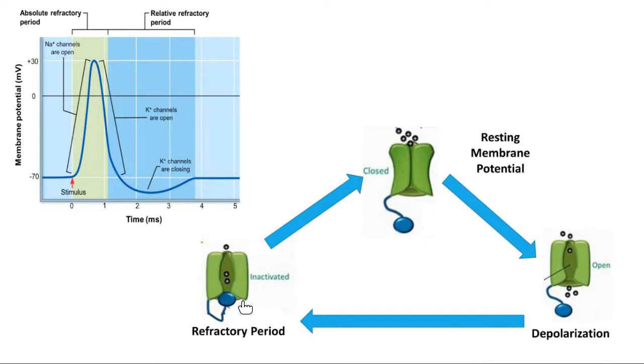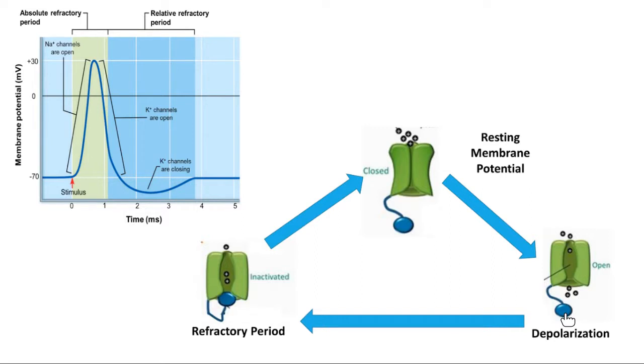So I apologize, I should have started with this picture. When we are going up our graph and we're depolarizing a neuron's membrane, sodium is rushing inside. We need this channel to be open because of the membrane charge, and we need this little plug, if you will, to be out of the way.